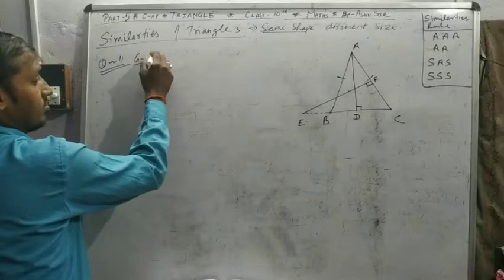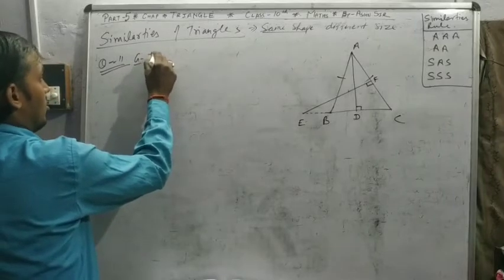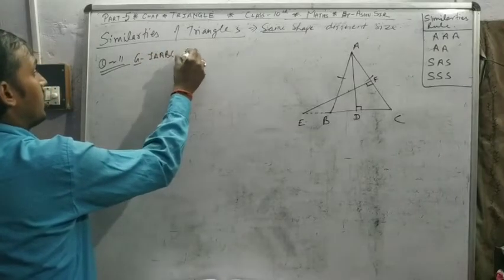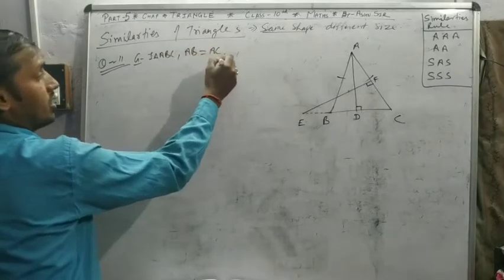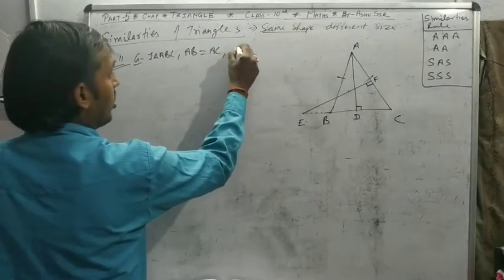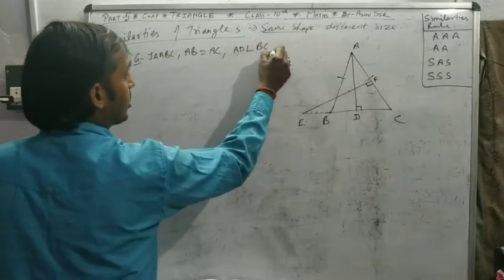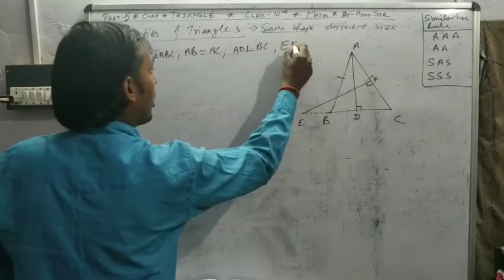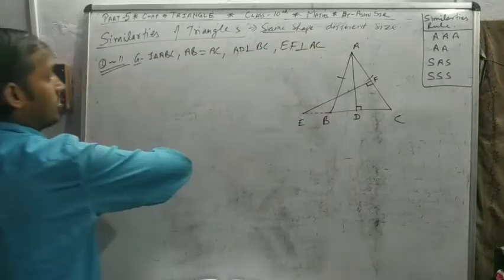What's the given? In triangle ABC, AB equal to AC, AD perpendicular on BC and EF perpendicular on AC.